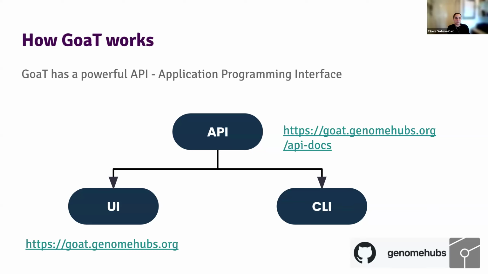So I need to make a point, because there is a lot of confusion on what GOAT is. GOAT is a data system. The GOAT UI is a thing that people can click and use, but most of the power of GOAT is in the API. GOAT is a really complex system. It's based on Elasticsearch, so it's not like the normal SQL databases.